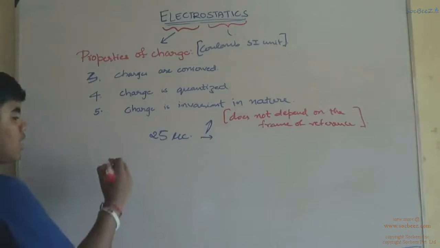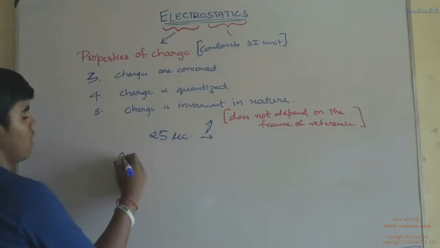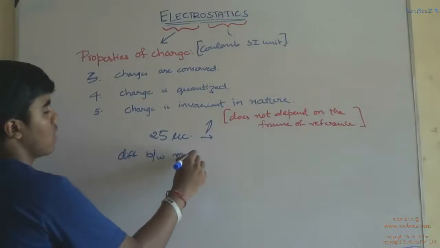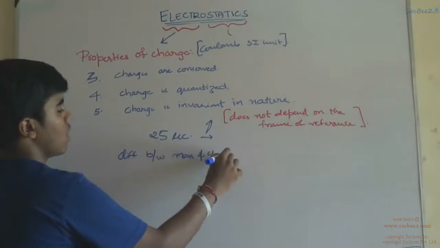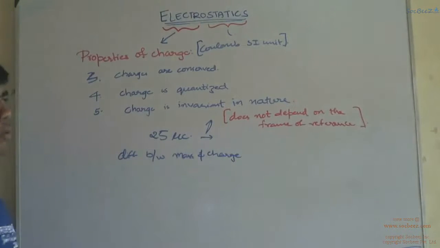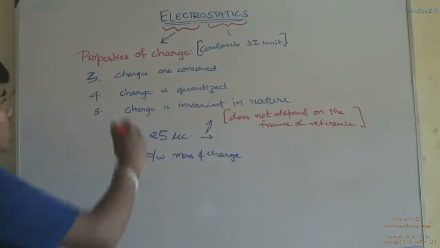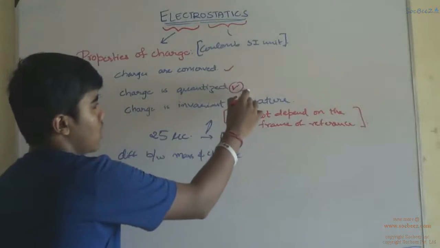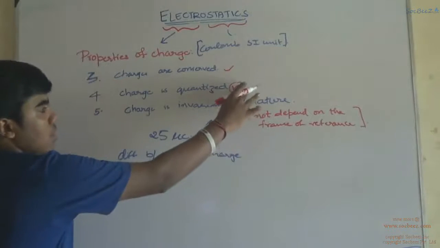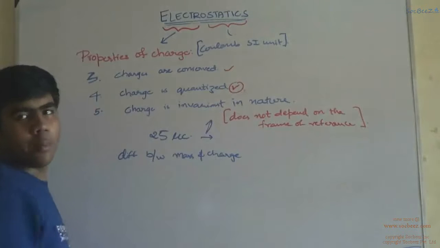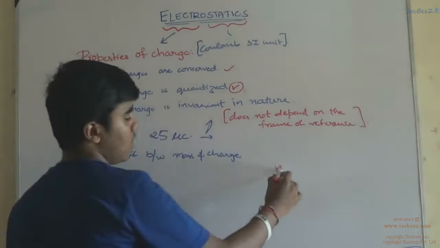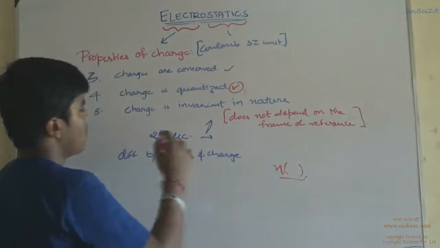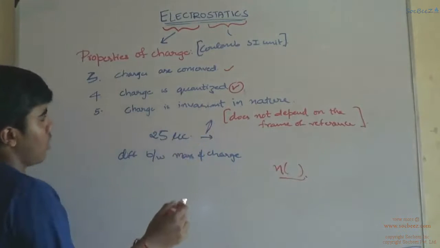So this property basically tells that. Now let us see the basic difference between a mass and a charge. According to the properties, mass is also conserved. Mass is not quantized. We don't know the fundamental unit of a mass by which we can say that it is equal to n times that fundamental unit. So mass is not quantized.